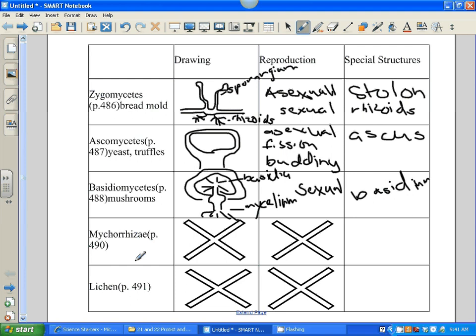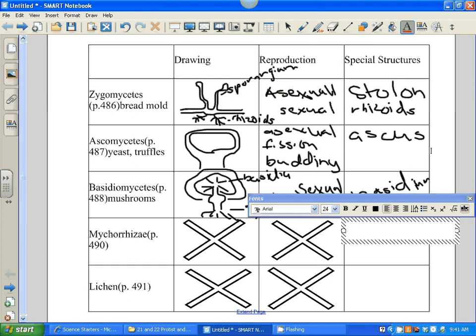Okay. Mycorrhizae and lichen are both symbiotic relationships with fungi and another organism. And I'm going to type these that way it may be a little bit easier for you to understand. Mycorrhizae is a relationship between fungi and the plant roots.